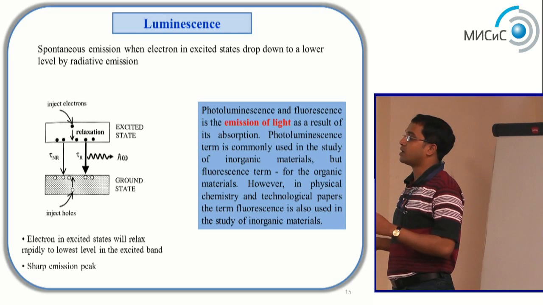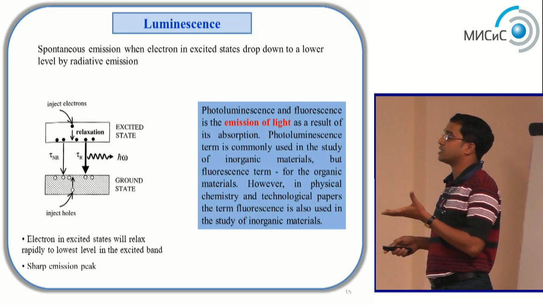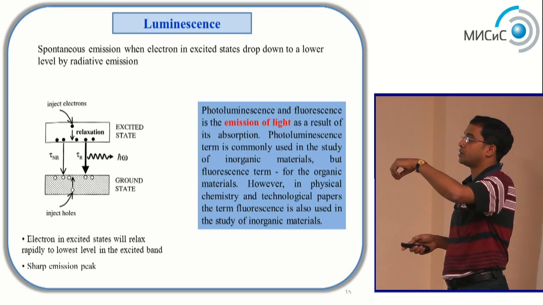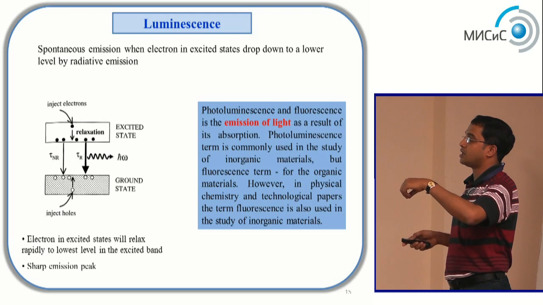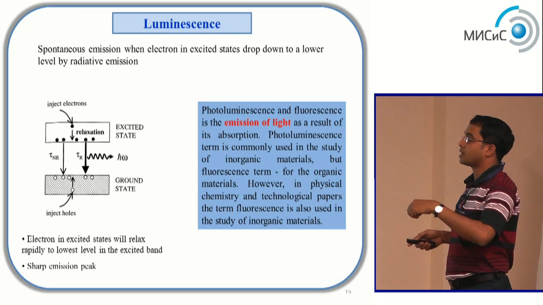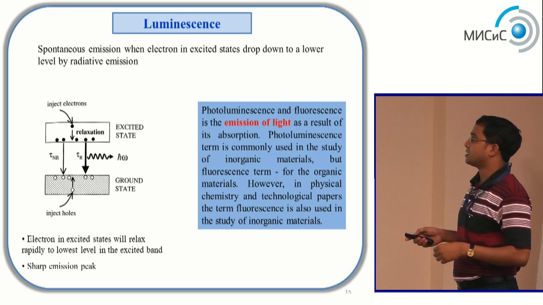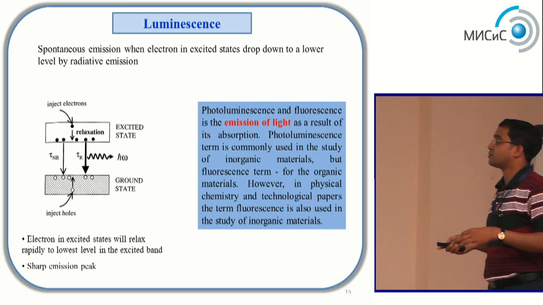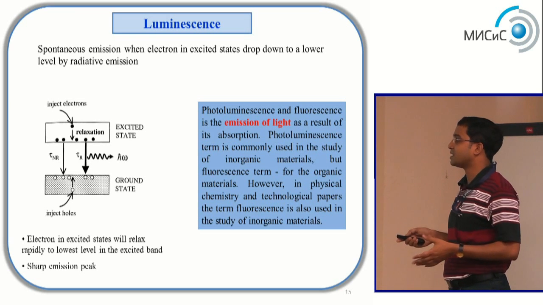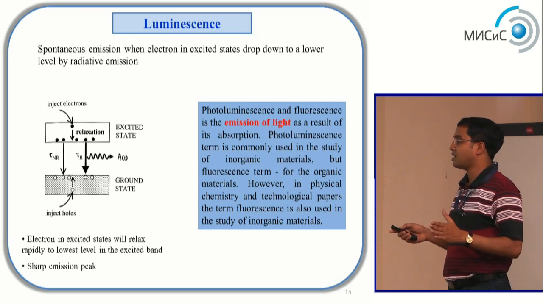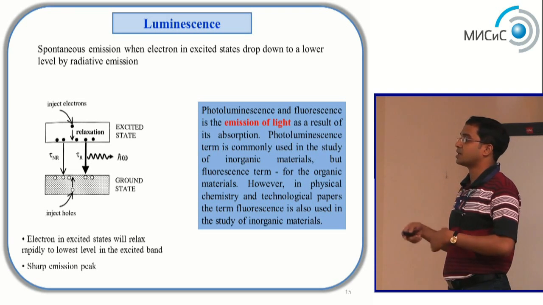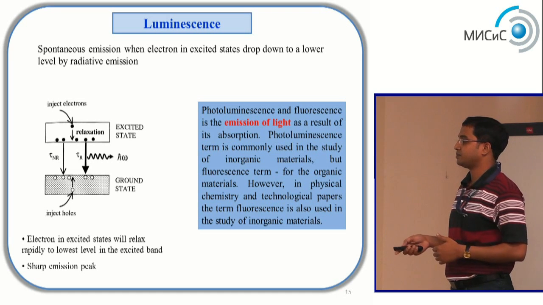As I mentioned about the quantum yield, if you excite the electrons with UV light, the electron jumps to the excited state, then to the ground state, and you measure the emission spectra. It's photoluminescence and fluorescence. Photoluminescence is used for inorganic materials. Fluorescence is generally used for organic materials, but there is no real difference because it's just a term for how you measure your sample.